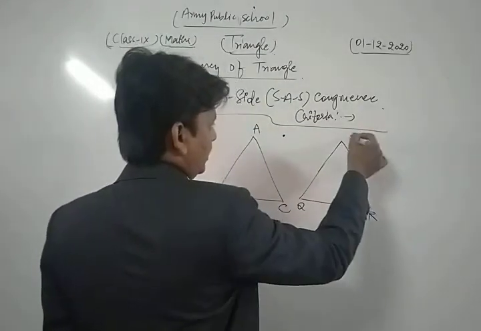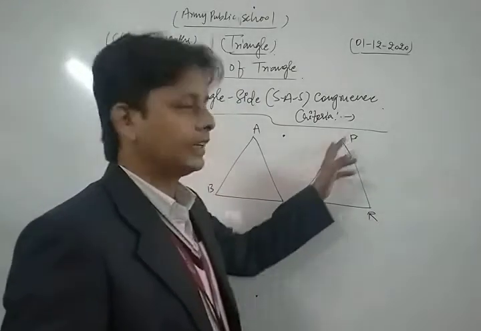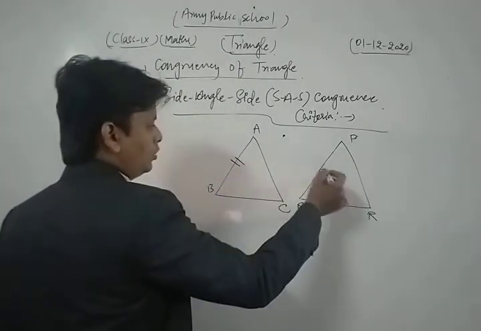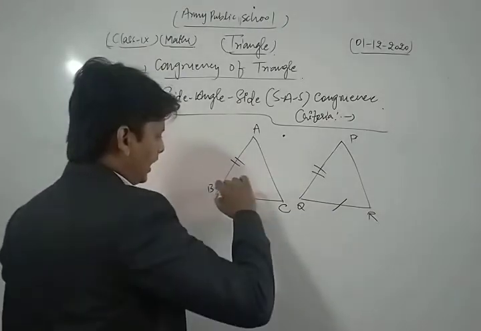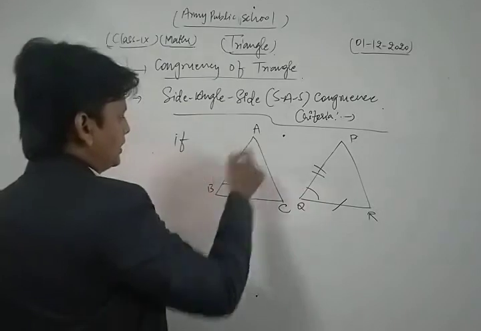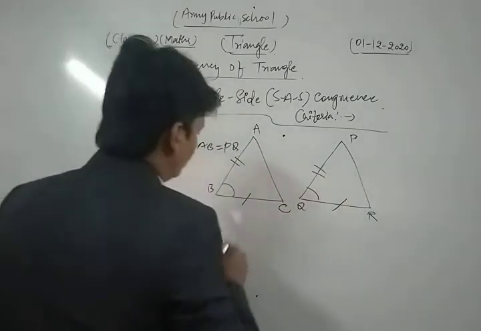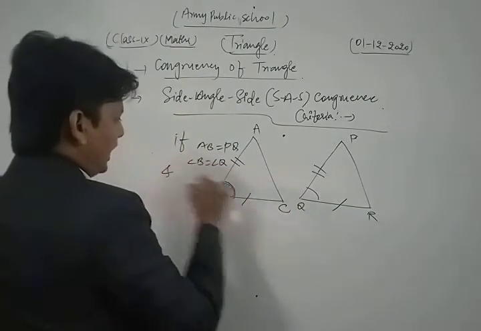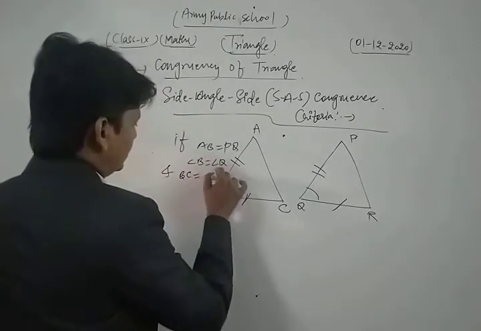Suppose that in triangles ABC and PQR, AB is equal to PQ, BC is equal to QR, and angle B is equal to angle Q. Dear students, side AB is equal to side PQ, angle B is equal to angle Q, and side BC is equal to side QR.